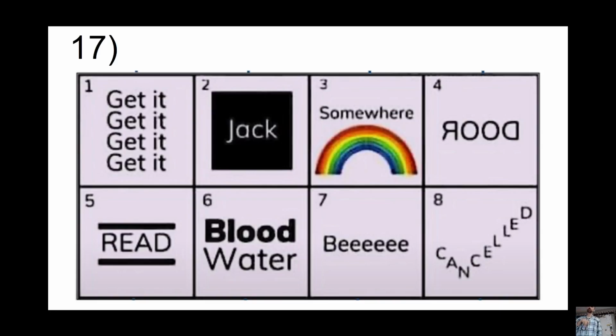Okay, so what's number 1? Forget it. Okay, number 2. Jack. Yeah, I think it's supposed to be Jack in the Box, but blackjack also kind of works. Number 3. Somewhere over the rainbow. Yep. Number 4. Back door. Number 5. Read between the lines. Yep. Number 6.